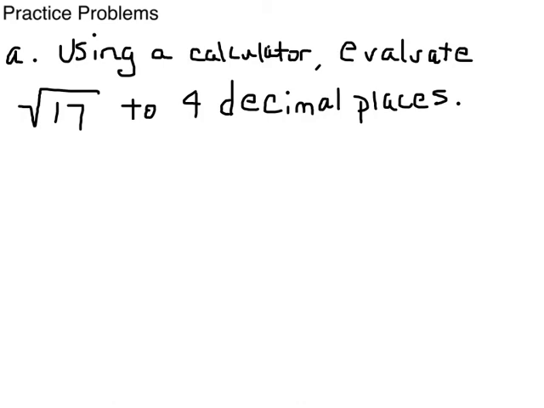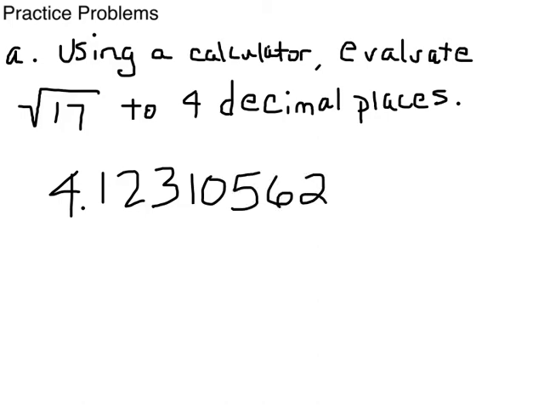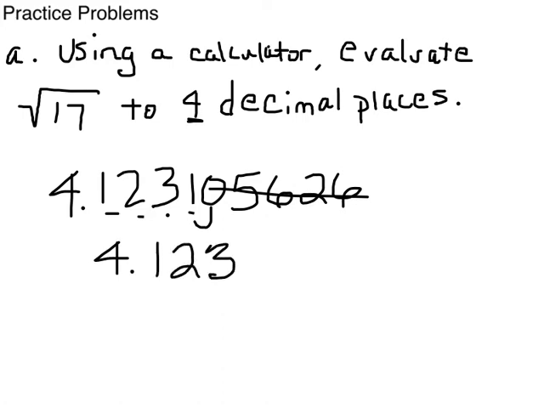Well, when I put that into my calculator, I get 4.123105626. If I'm going to go to 4 decimal places, I'm going to go 1, 2, 3, 4. I look to the next one to the right, it's a 0, so I'm just going to drop everything else, and my answer would be 4.123.